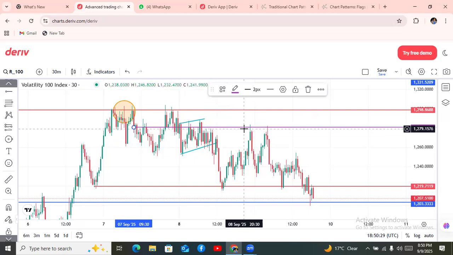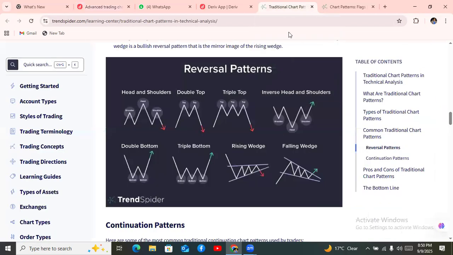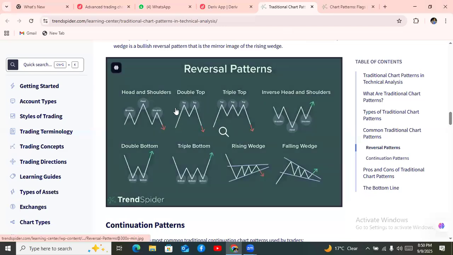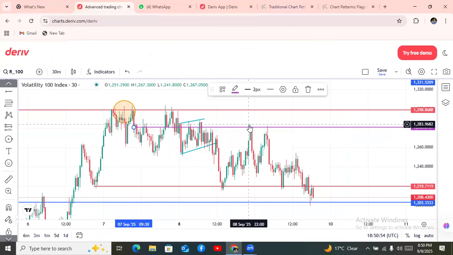So what you should do is, again, you must look for any chart pattern that can give us the possibility of selling. You must look for a reversal chart pattern. One of these, and we can clearly see this one, double top. We can see it, first top, second top at this very level.